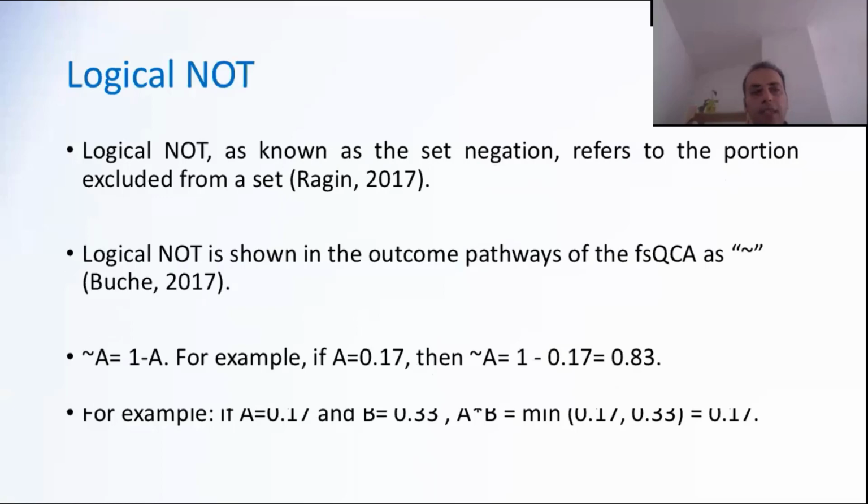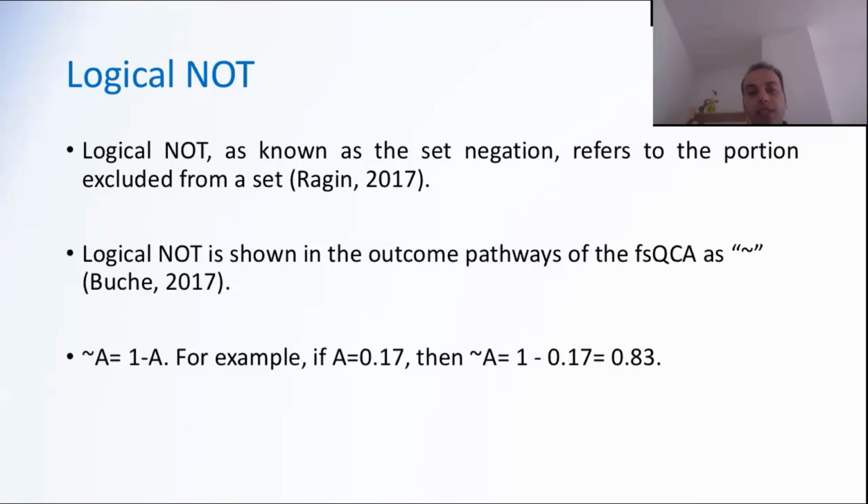The last Boolean sign which is used in fuzzy set QCA is logical NOT, which is called the set negation or absence of set, and it refers to the portion excluded from a set. As you can see, the sign is something like a tilde.